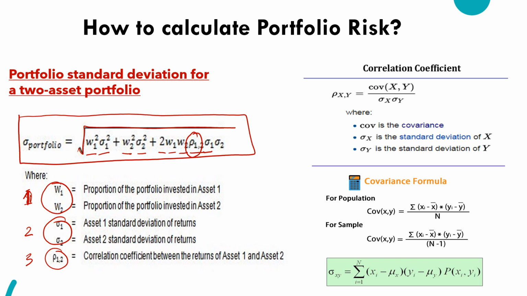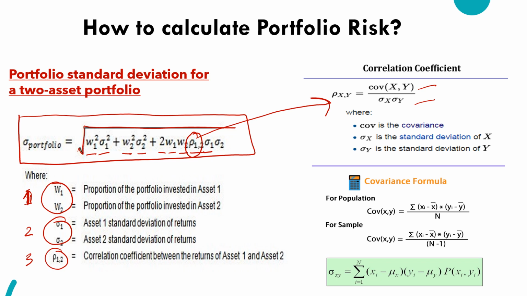To find this correlation coefficient, you can use this formula. By finding the covariance between the two assets and dividing it by the standard deviation of both assets.